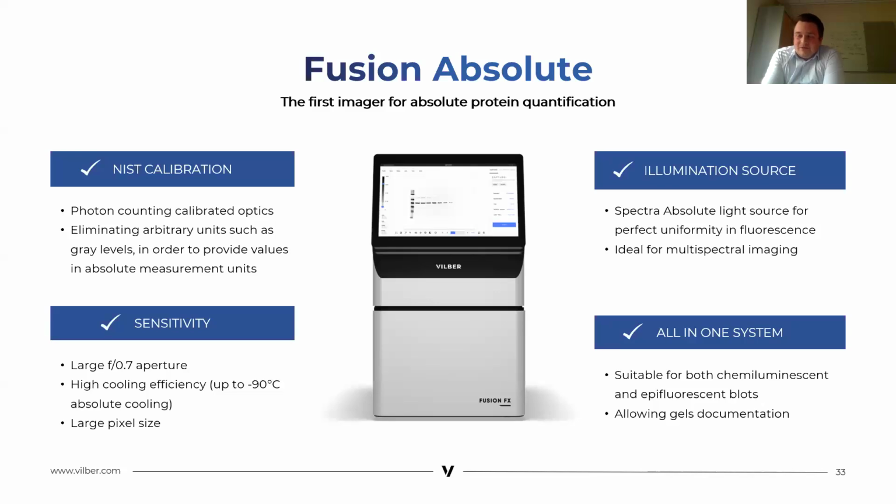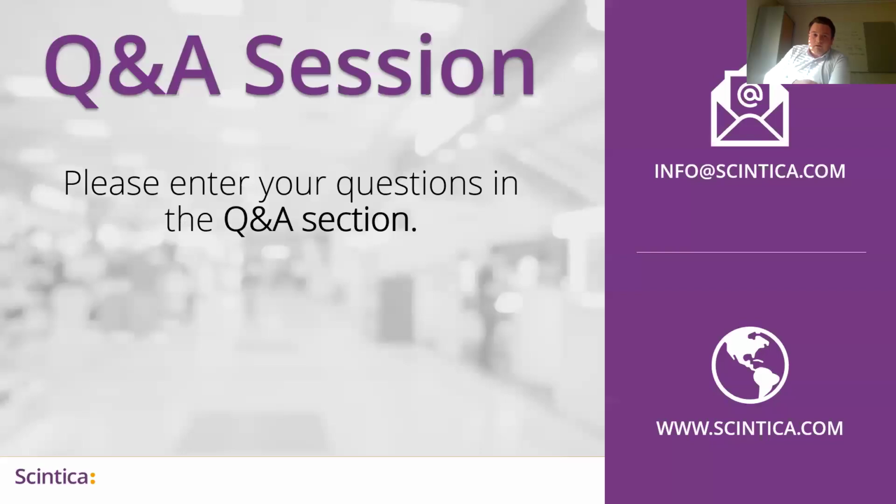So it will be possible for you, if you need sensitivity, to take pictures in chemiluminescence, and if you want to do multiplexing, it will be possible with the fluorescent channels. And also with our system, it's possible to take a picture of gels, for example, with a UV pad or a blue pad. And we also have a white pad.